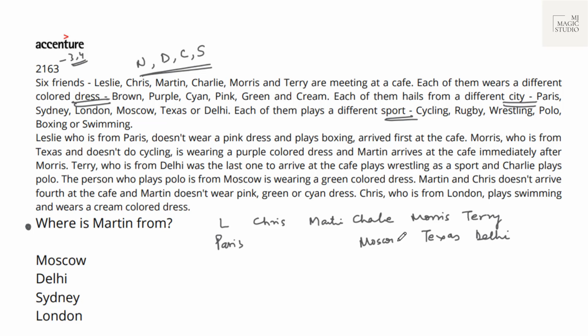Charlie is Moscow. Martin and Chris don't arrive 4th. Martin doesn't wear pink. Chris, who is from London. So obviously all data is already given. Only the data not given is for Martin. So we are left with Paris is done, Sydney. Martin is from Sydney. Mark Sydney. Option C is the pick.